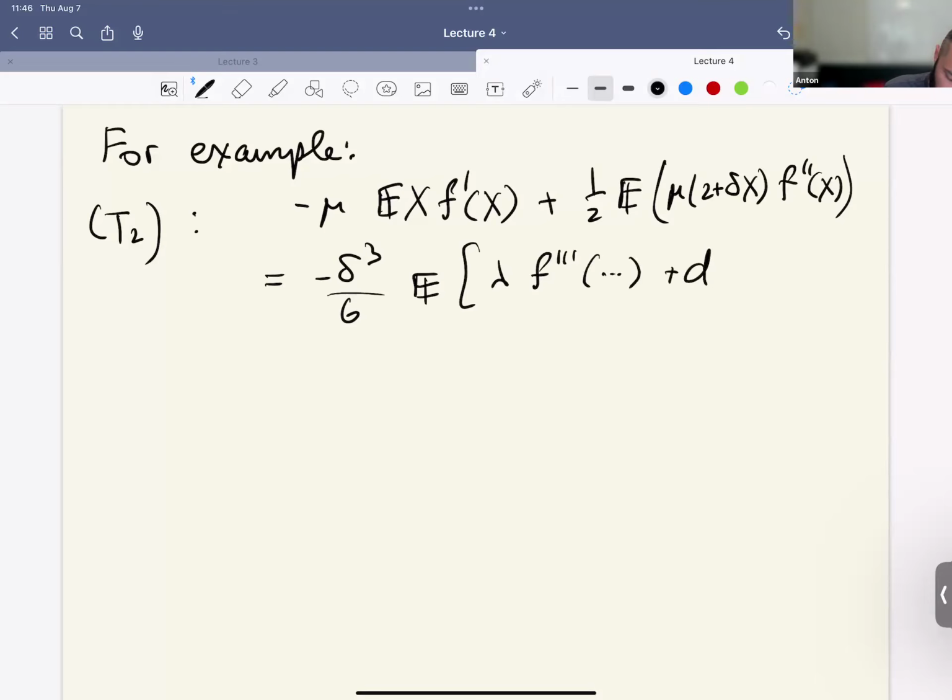This is the error term, so I'm going to be a little bit imprecise here, or hand wave.